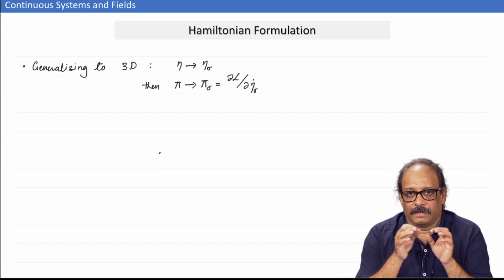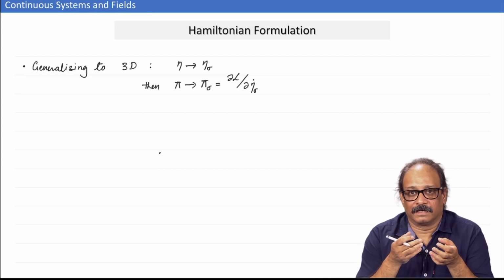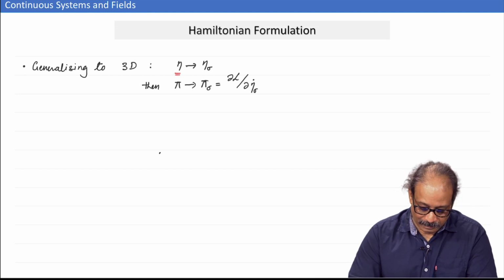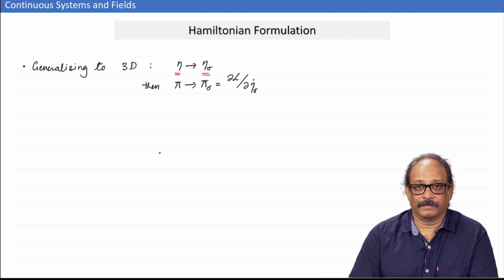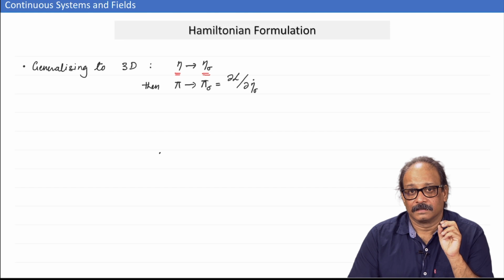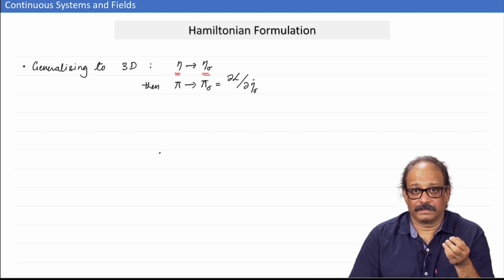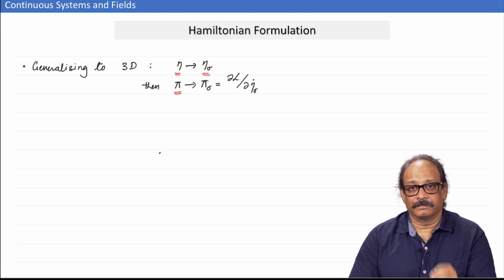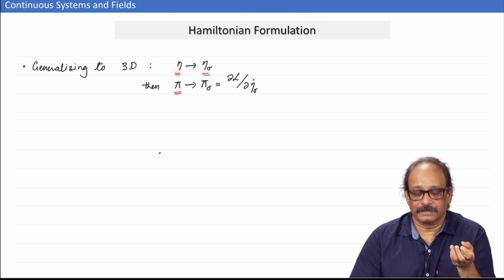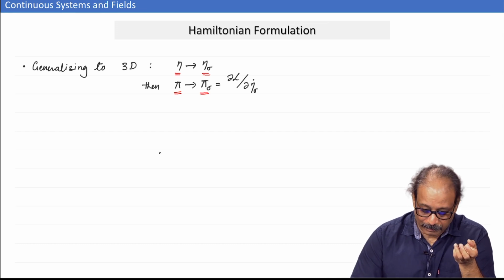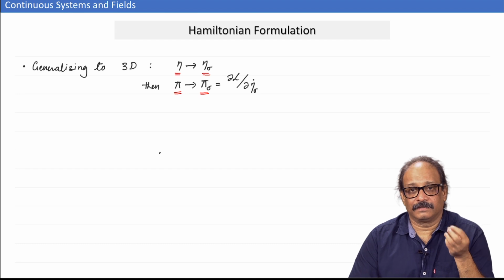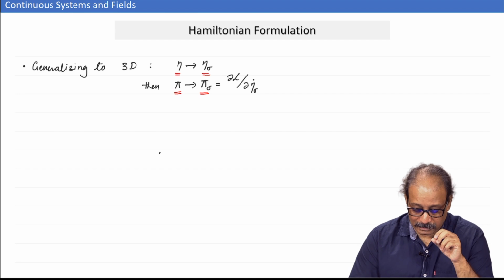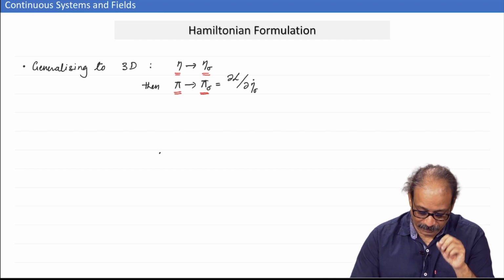So, now immediately we will generalize this to the 3-dimensional case, in which case the field variable eta will get replaced by eta sigma, a 3 component field, maybe vector in character or whatever it is, but it has 3 components. Similarly, the momentum also will now have 3 components, and I will denote it by pi sigma, which is the partial derivative of the Lagrangian density with respect to eta sigma dot, right.